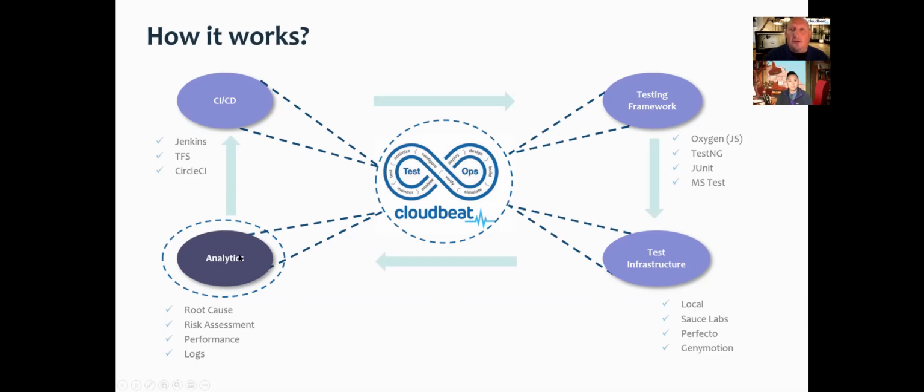Finally, it gives you good analytics. When you run 50 test cases on 10 devices, you don't want 500 reports; you want one single report. Then you can quickly make CI/CD decisions, such as whether to push this version forward.